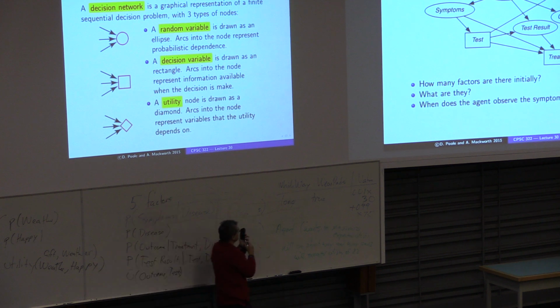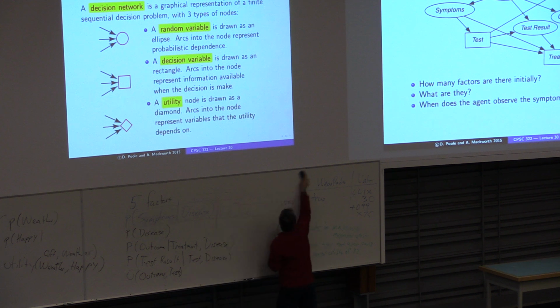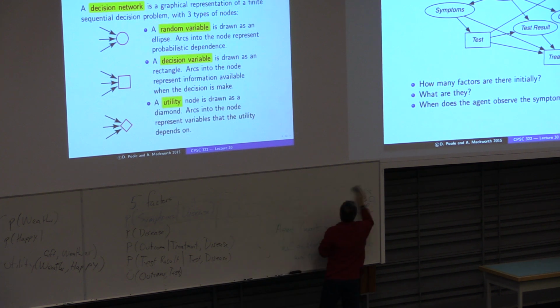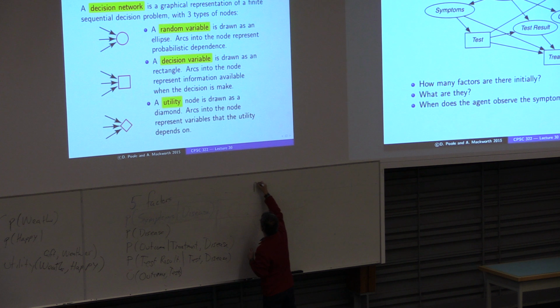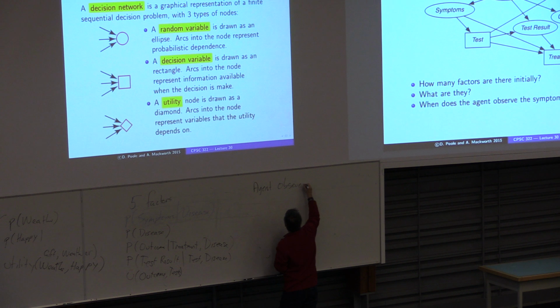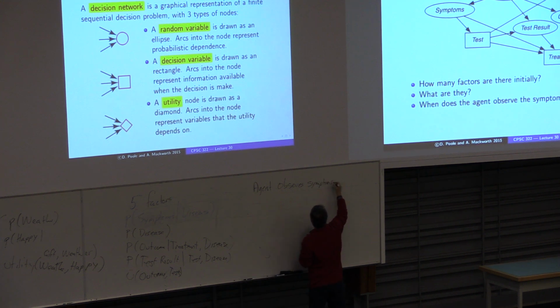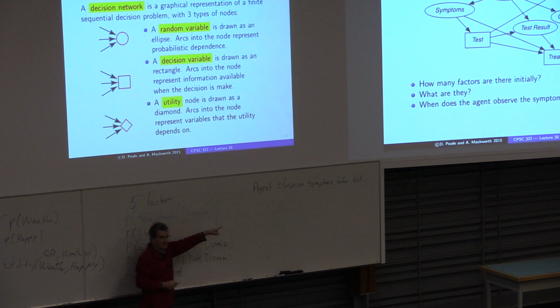You observe the symptoms before the test. So the agent observes the symptoms before the test. Right, before it has to decide what test to do, you get to observe the symptoms.